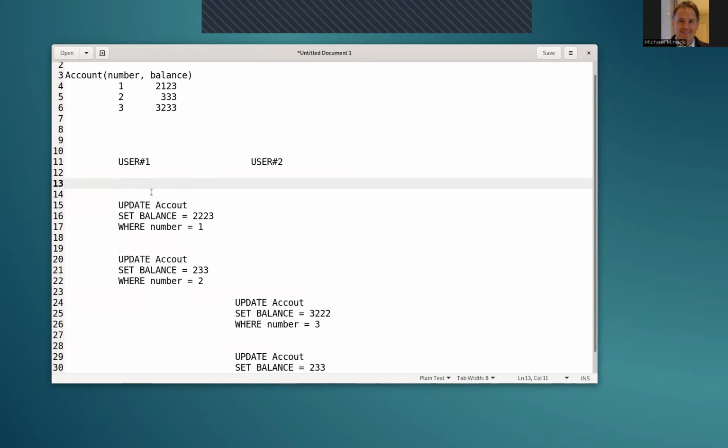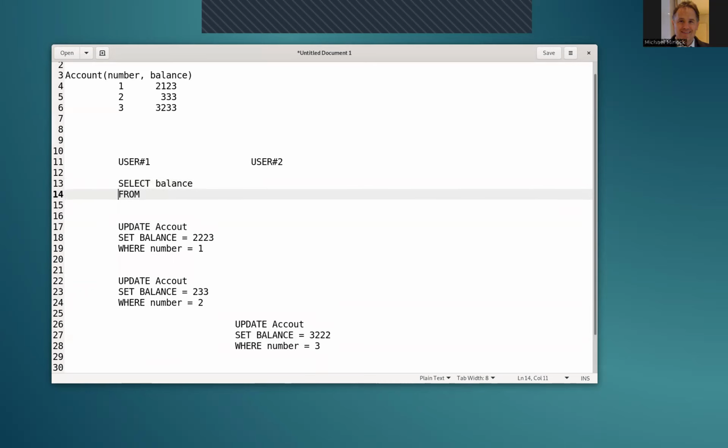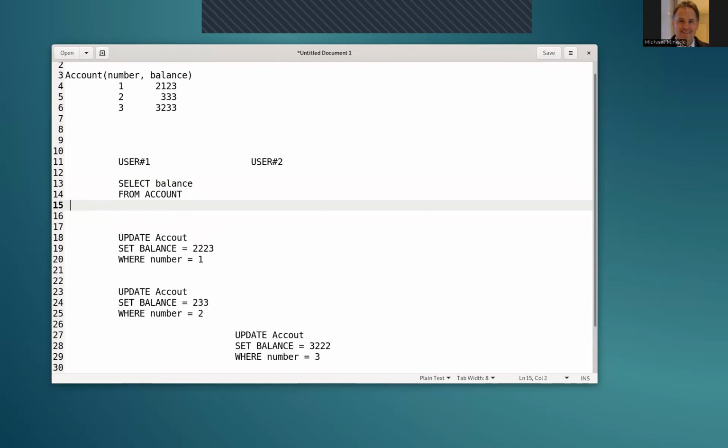It will say basically select balance from account where number in 1, 2.